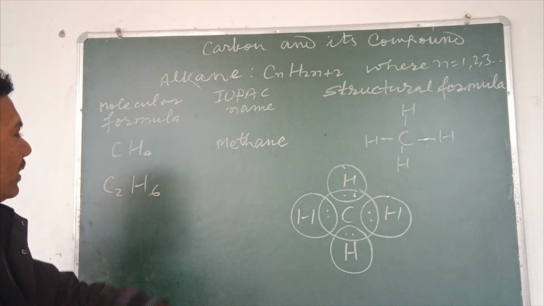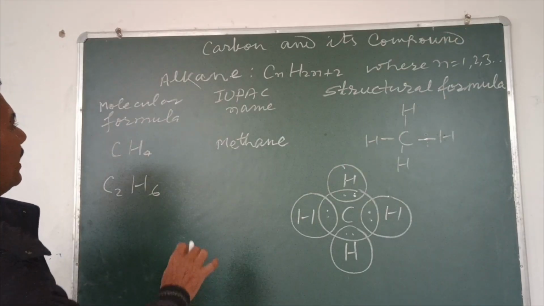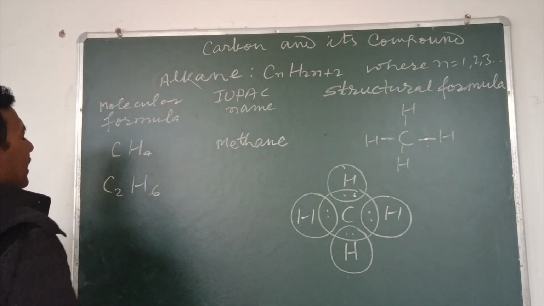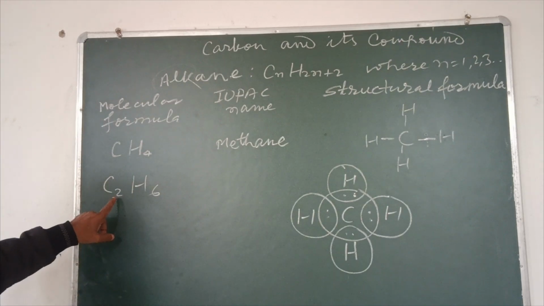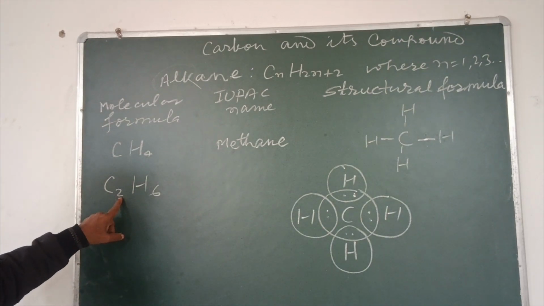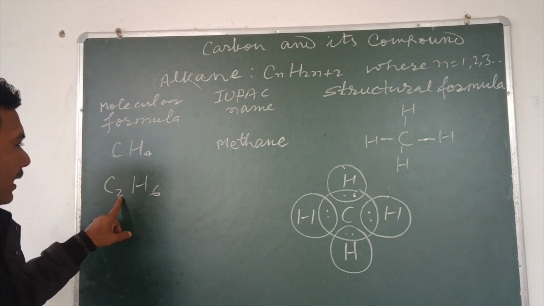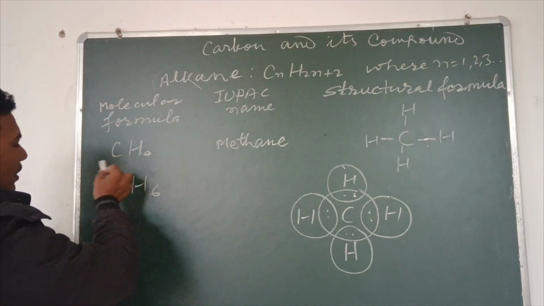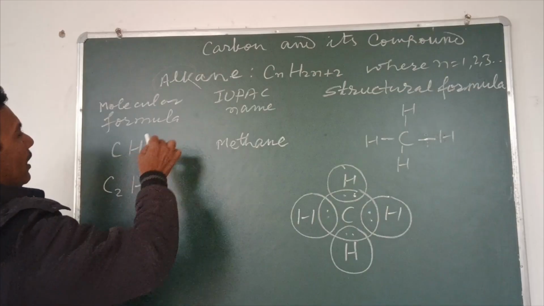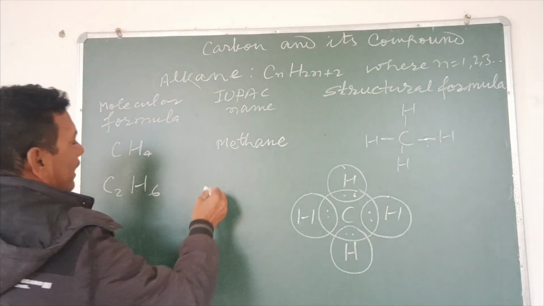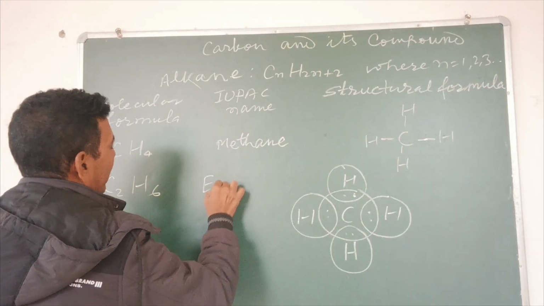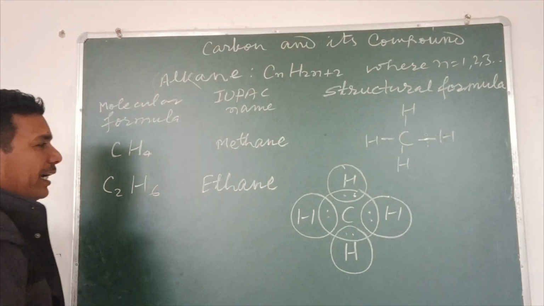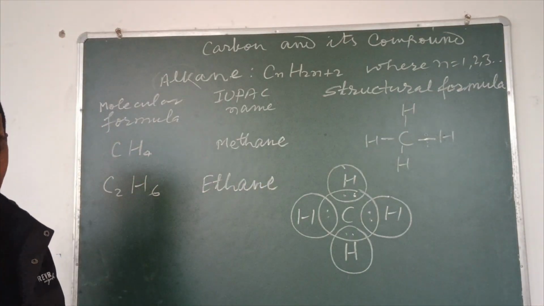and its IUPAC name will be written by replacing alk by counting number 2, whose meaning in chemistry is eth. It means for two carbons we will replace alk by eth, and its name will be eth, and then suffixed by ane, and it will be read as ethane.